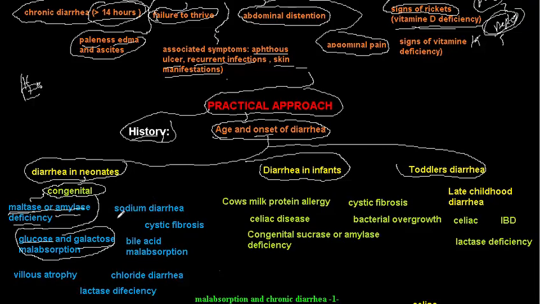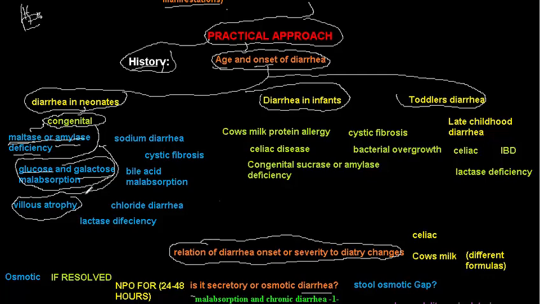We may also have villus atrophy, and the causes of villus atrophy are many. Among them we have enterocolitis, for example, and Giardia infection. They can all happen in neonates.